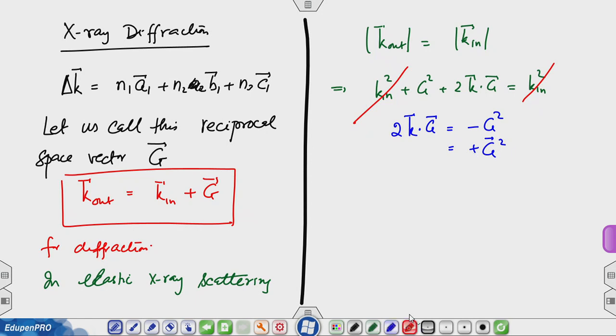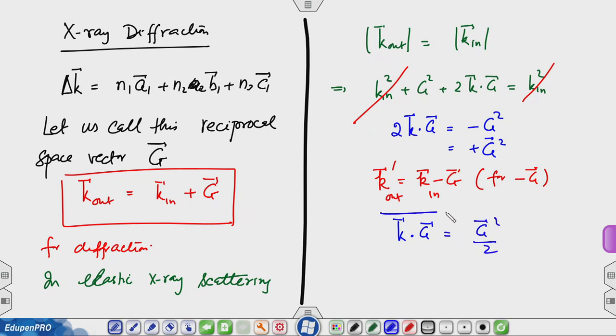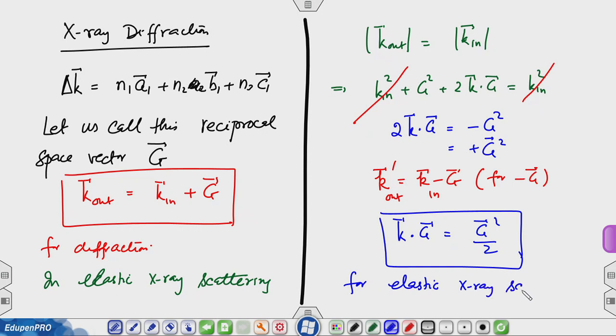In that case, I am going to have k prime is equal to k minus G, or k out is equal to k in minus G for minus G. So, this is the other condition you get, that k dot G is going to be G square by 2 for elastic X-ray scattering.